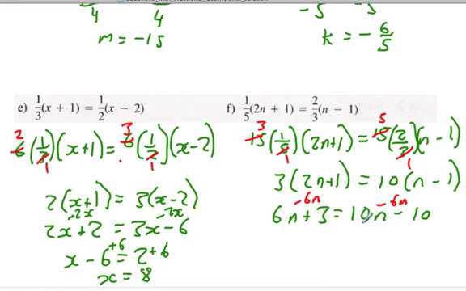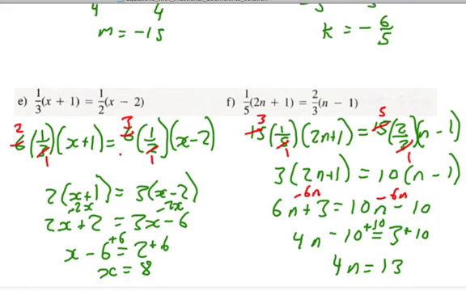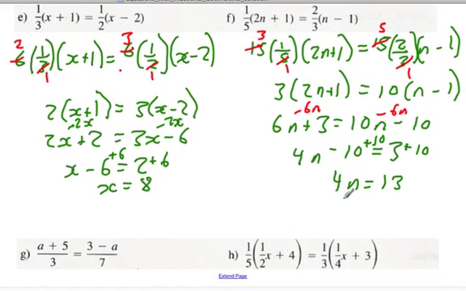And the right-hand side, I'm going to move over to the left, so this will be 4n minus 10 is equal to 6n minus 6n is 0, plus 3 is 3. We'll add 10 to both sides, and you get 4n is equal to 13. Divide both sides by 4, and n is equal to 13 over 4.